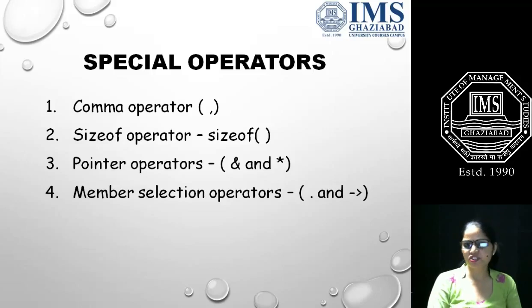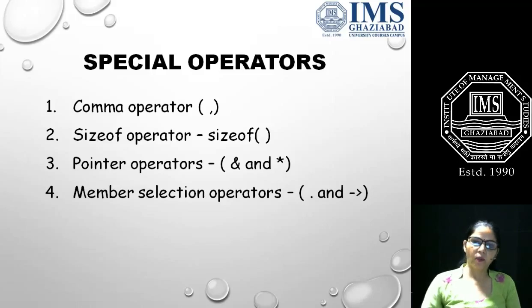Then we have certain special operators including comma, and the sizeof operator, which gives the size of any variable, a structure, array, anything. Then we have pointer operators, ampersand and asterisk, and member selection operators, dot and arrow.